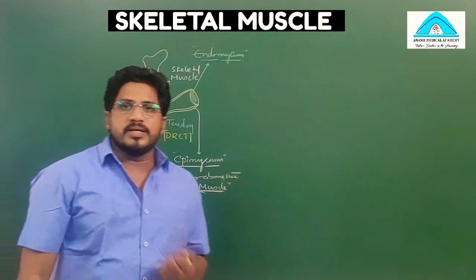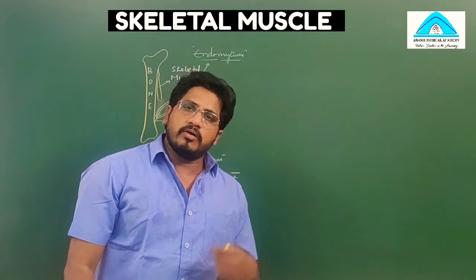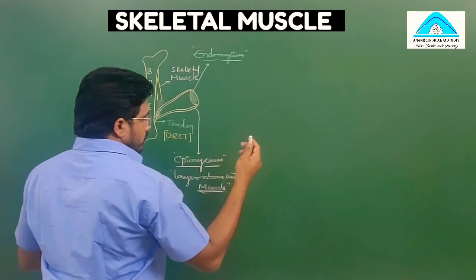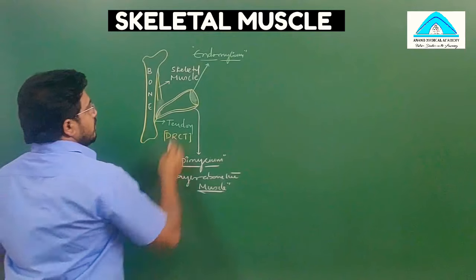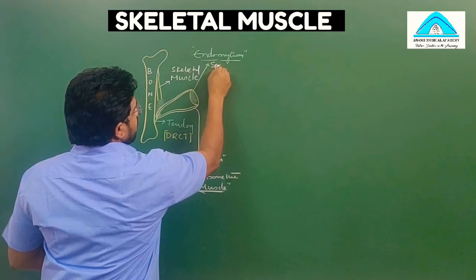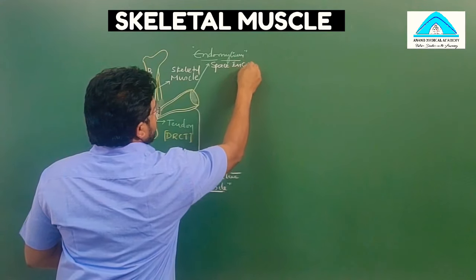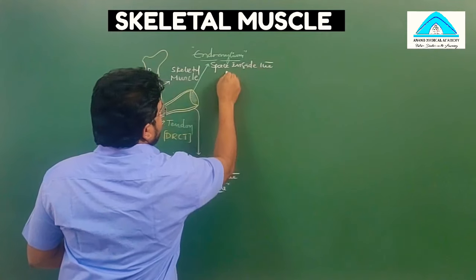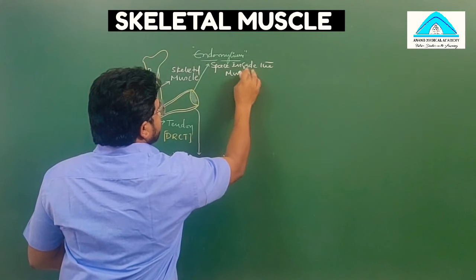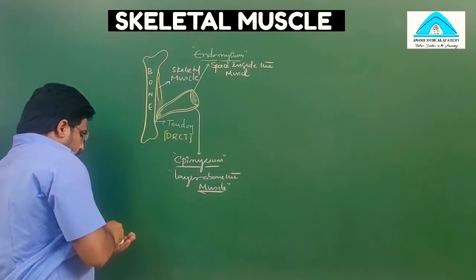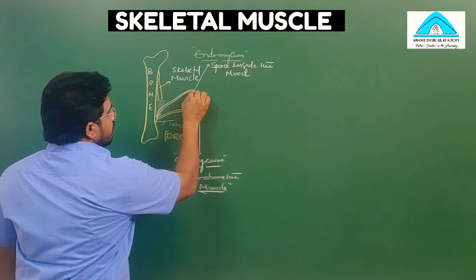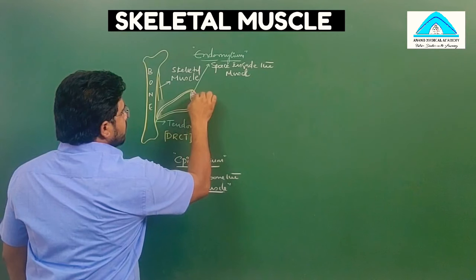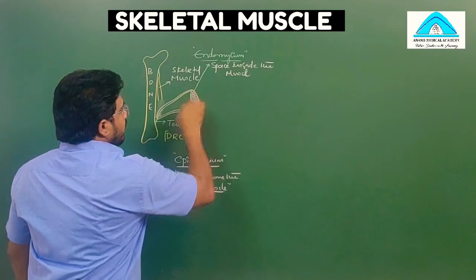Myology is the study of muscles, osteology is the study of bones, chondrology means the study of cartilage. So endomysium means the space inside the muscle.